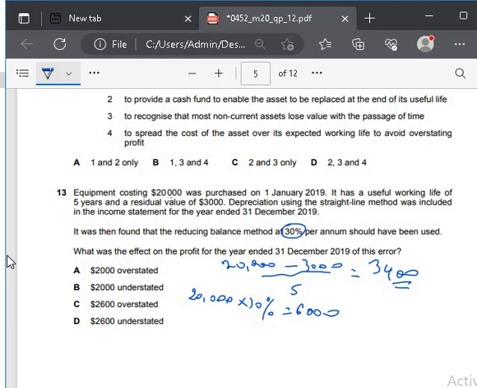They have charged less depreciation, 3,400 instead of 6,000. The difference between 6,000 and 3,400 is 2,600. So the 2,600 profit was overstated because the expenses were less. So the answer is C.